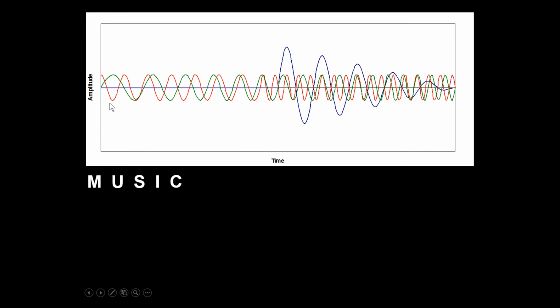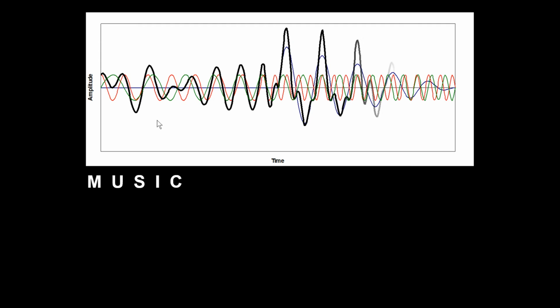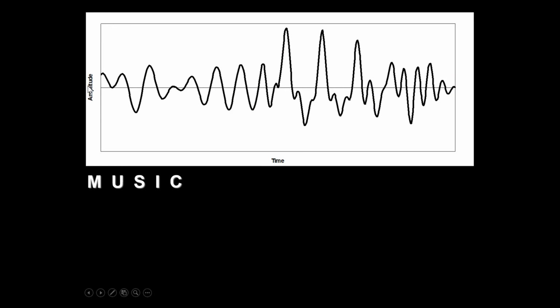And the music would just be the resultant of those different waves. So here comes the resultant of all those waves. And you don't have to play the individual waves, you just have to play the resultant of those waves. And instead of making this move forward and back, you have this be the voltage that is applied to that speaker.